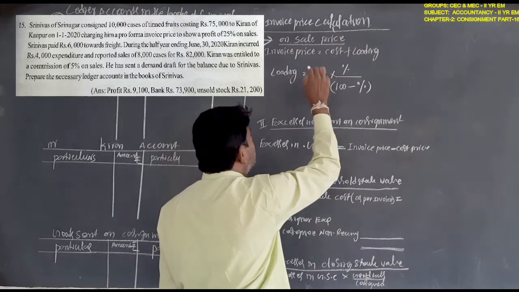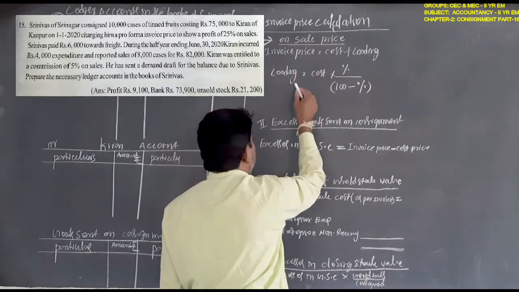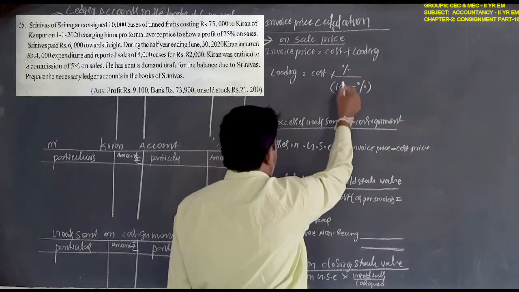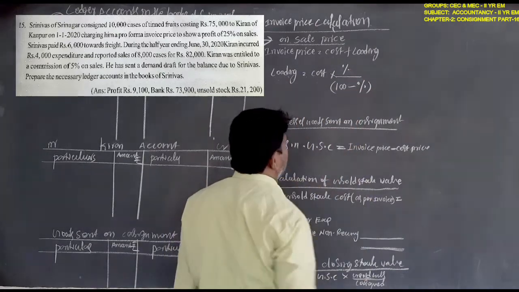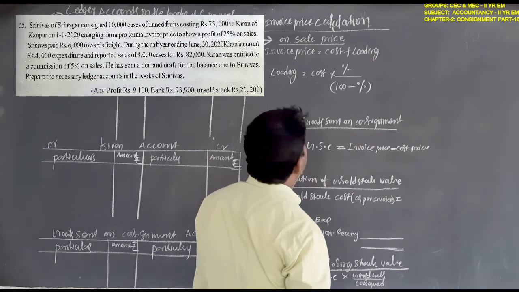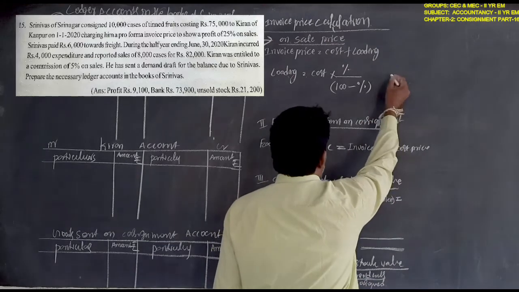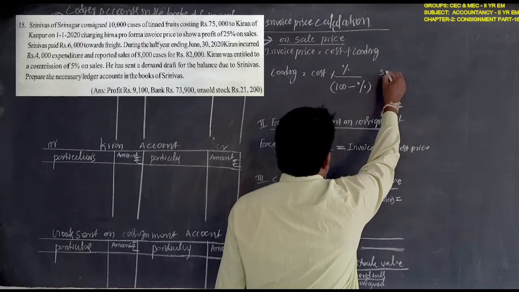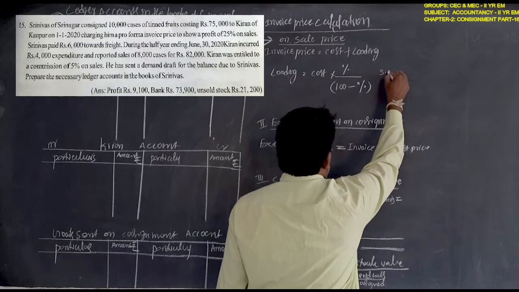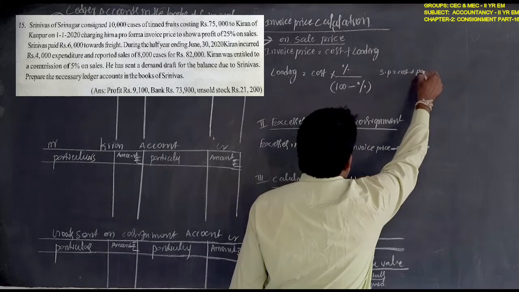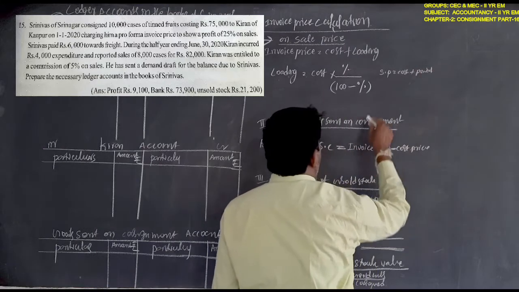When the invoice price is given on sales price, loading is equal to cost into percentage by 100 minus percentage. Why? You have to write it this way. Simply, sales price SP is equal to cost plus profit. This is the principle.